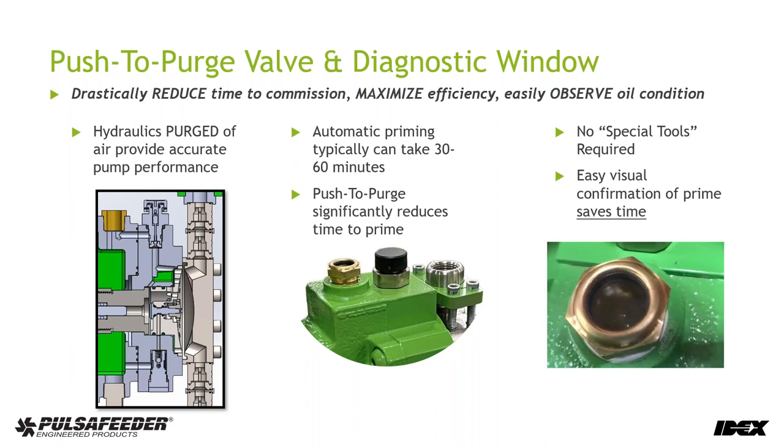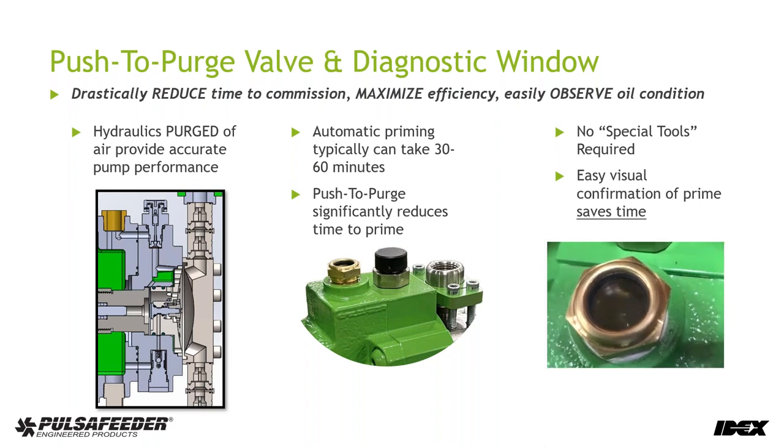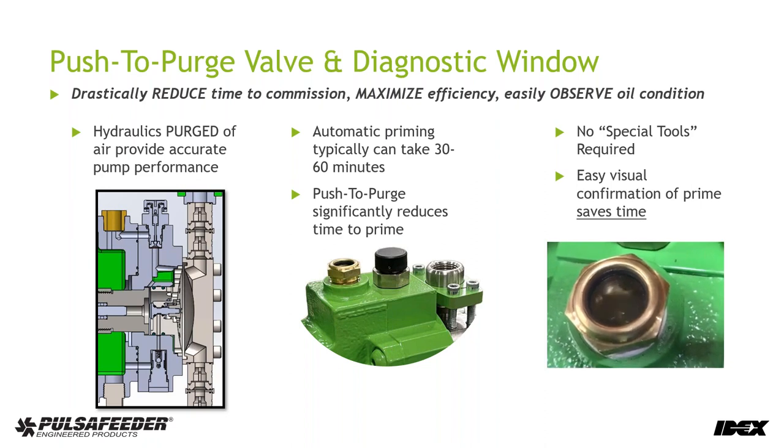And another unique feature with the push to purge button is the diagnostic window that's adjacent to it. What this does is it gives the operator immediate insight into the condition of the hydraulics inside the pump. This pulsating that you see right there should be what you would witness in a normally operating pump that's fully primed.